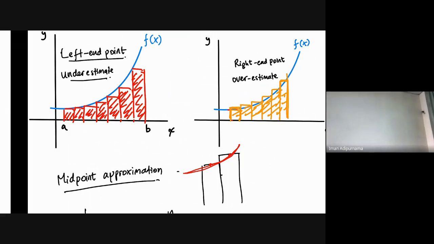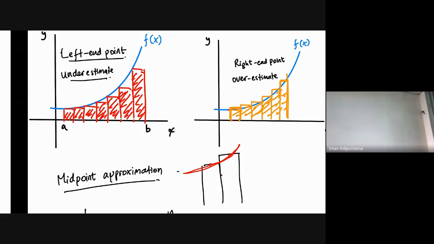In the left endpoint, the left side of the box touches the function, and in the right endpoint, the right side of the box touches the function. You will see the difference if this is the same function.